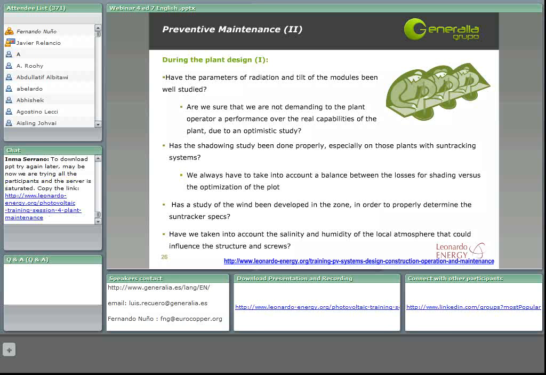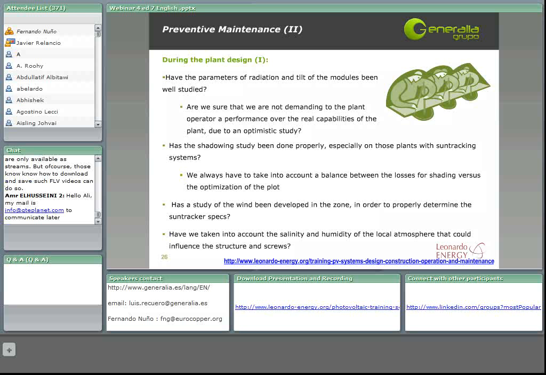First, we have to answer if the parameters of radiation and tilt of the modules have been well studied. Maybe if we have done an optimistic study, we could be expecting a performance over the real capabilities of the plant.